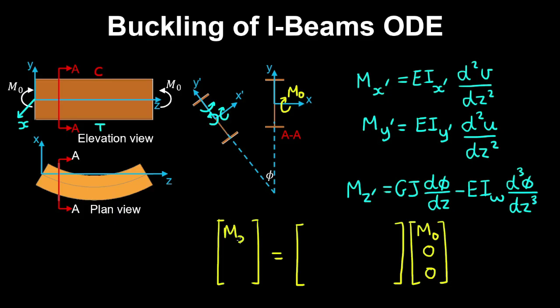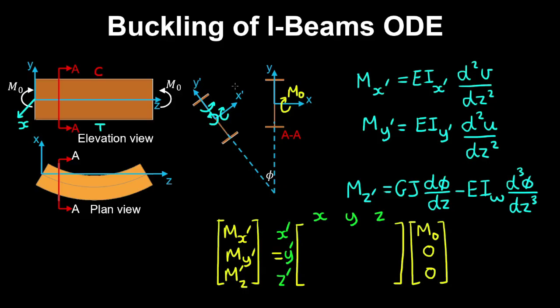So we have mx dash, my dash, and mz dash. So in the columns, we have the moment about the x-axis, y-axis, and z-axis, and the rows correspond to x dash, y dash, and z dash.